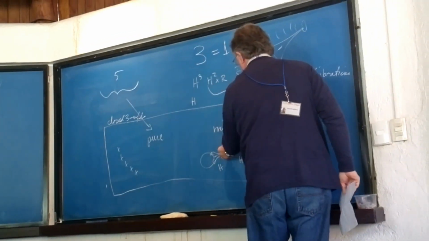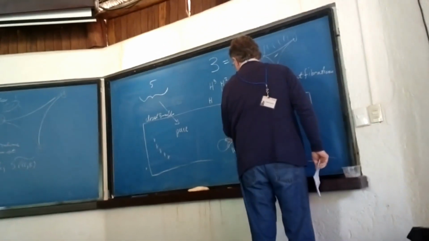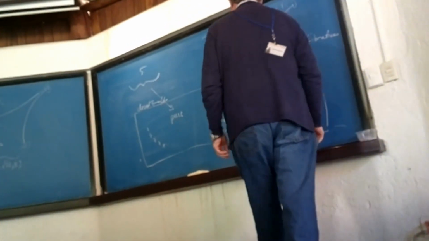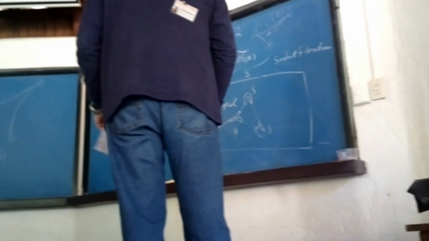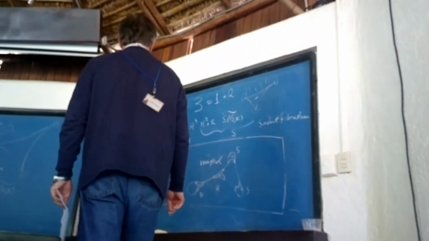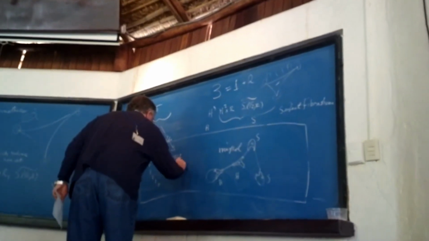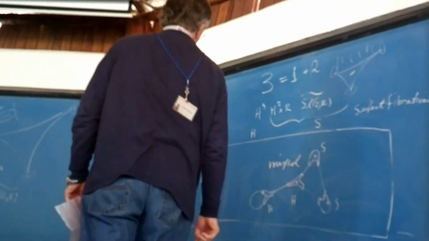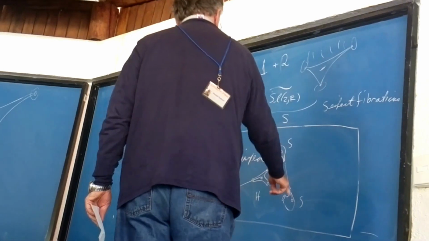And there's more data you need here. You need a matrix in SO2Z to glue this torus to that torus to get the topological three-manifold. And so this is what a mixed one looks like. A pure one just looks like the geometry is the same everywhere. It's compact. And the mixed one looks like this. This is still compact.